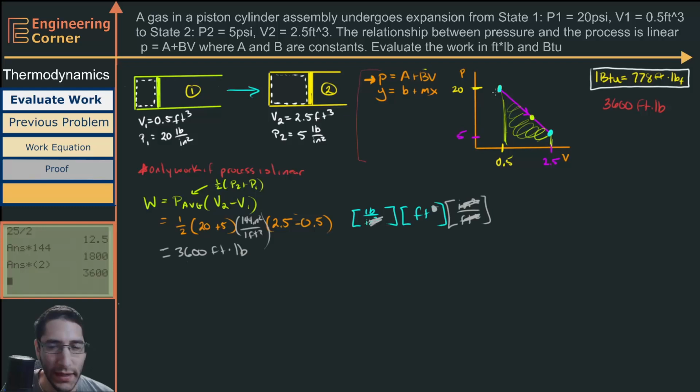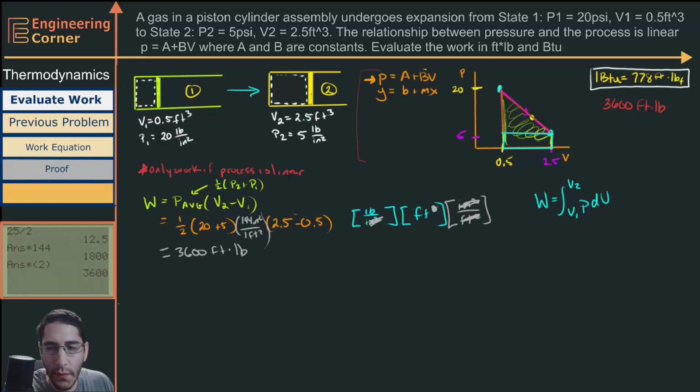So why does this work? Well, work is equal to the integral of pressure dV. The integral really just means it's some area under a curve. We can break this up a little more. This is a trapezoid, so I can break it up into two shapes: a triangle and a rectangle.